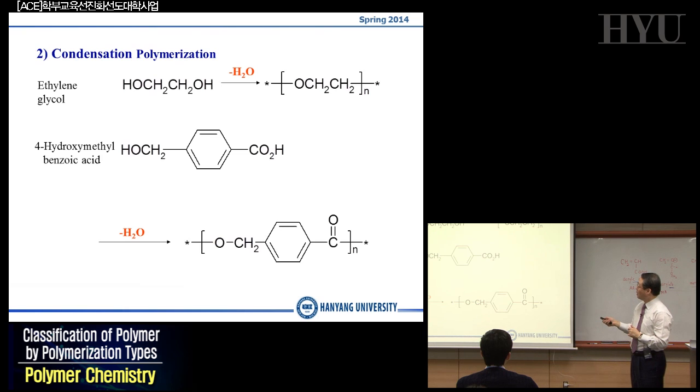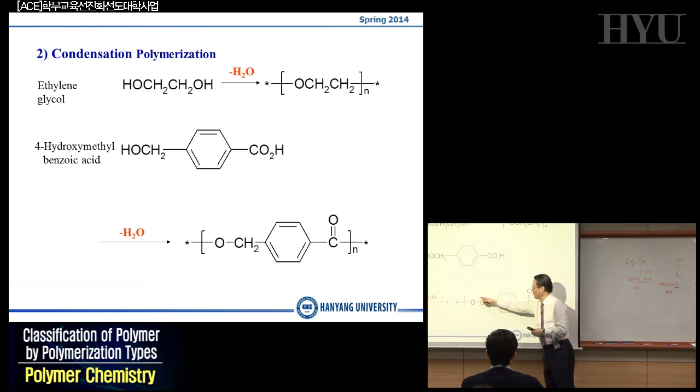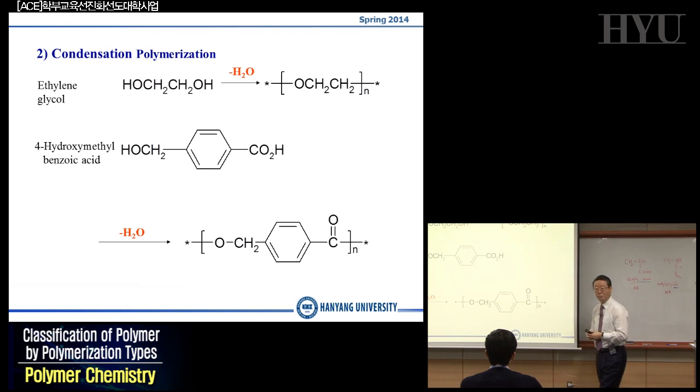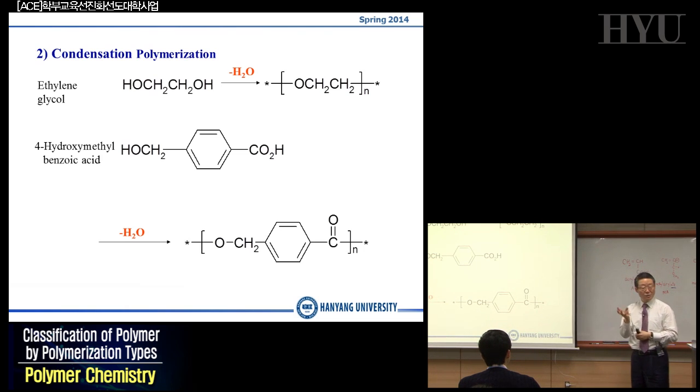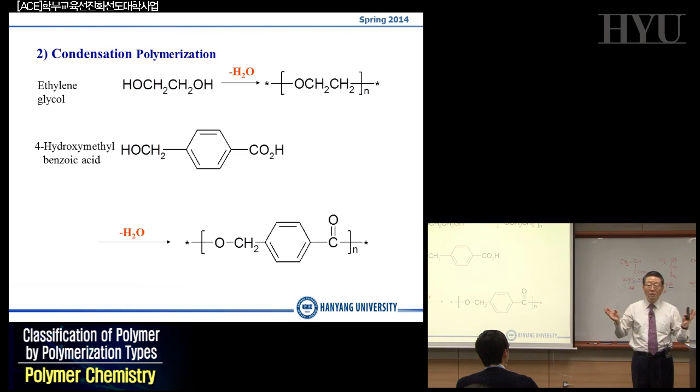But if you have one monomer containing two functional groups of different types, you can also make polyester. Polyester is a typical name for a polymer containing the ester functional group. If you have an ester group in your polymer, we call it a polyester as a general name, not only PET.